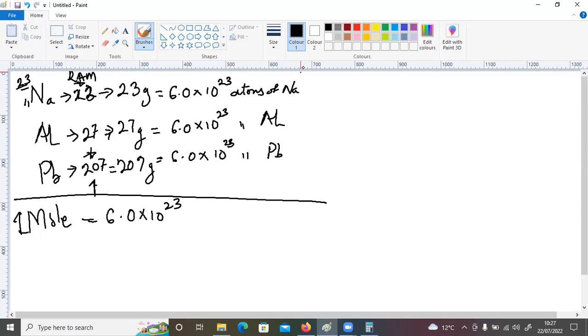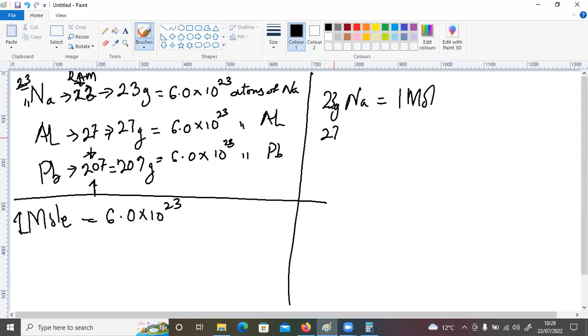And what I mean as of now is this, that 23 grams of sodium is equal to 1 mole of sodium. 27 grams of aluminium is equal to 1 mole of aluminium. 207 grams of lead is equal to 1 mole of lead.